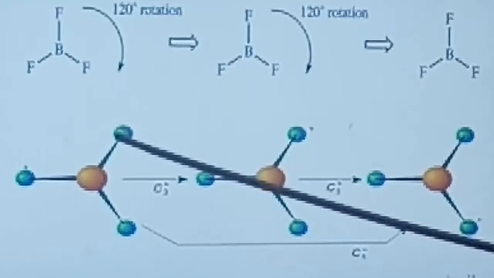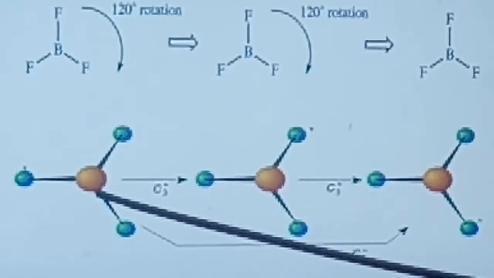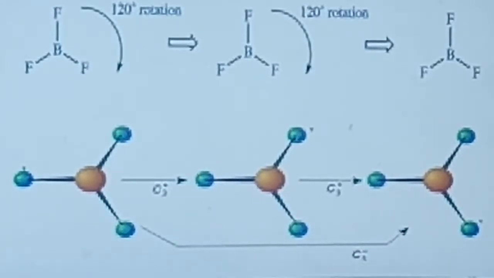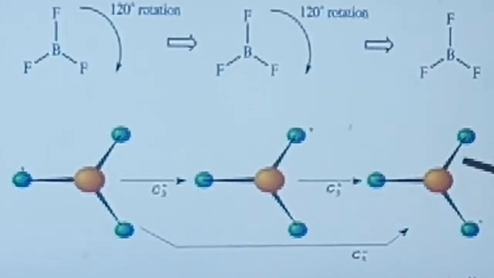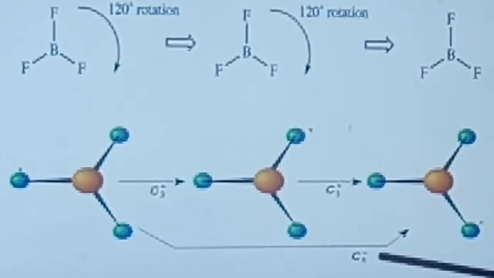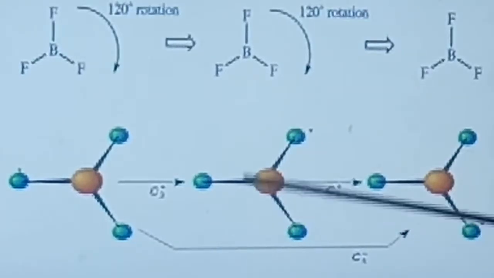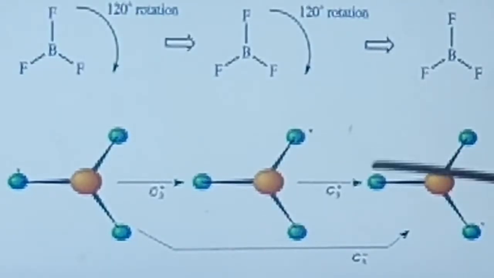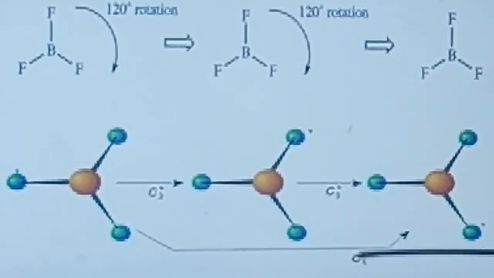If we rotate this molecule in the anti-clockwise direction by 120 degrees, then we will again get this structure. So this is the C3 minus. These two operations will be equivalent to C3 minus.